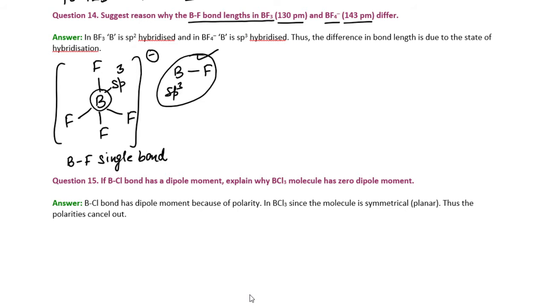But in BF3, boron forms 3 single bonds, and at the same time boron has a vacant p orbital and fluorine has a filled p orbital. That's why back donation is possible: because boron is electron deficient, it accepts an electron pair from the fluorine, and there is a formation of double bond character.